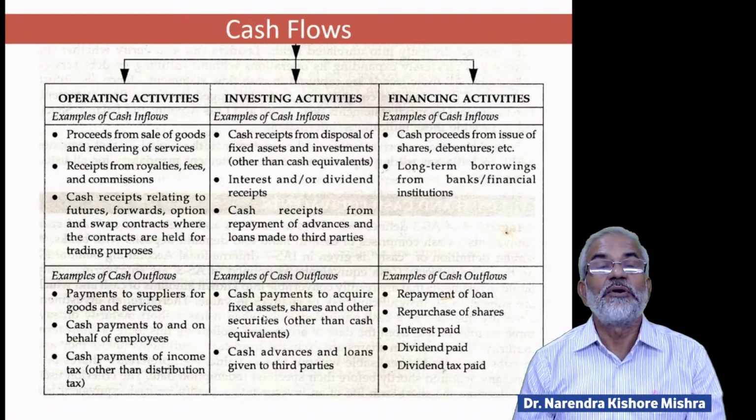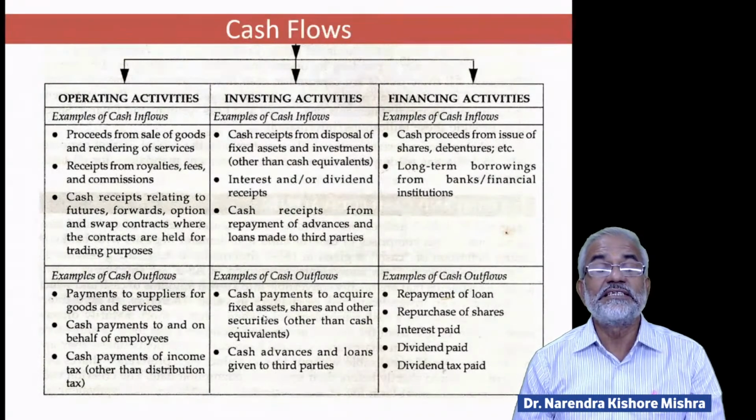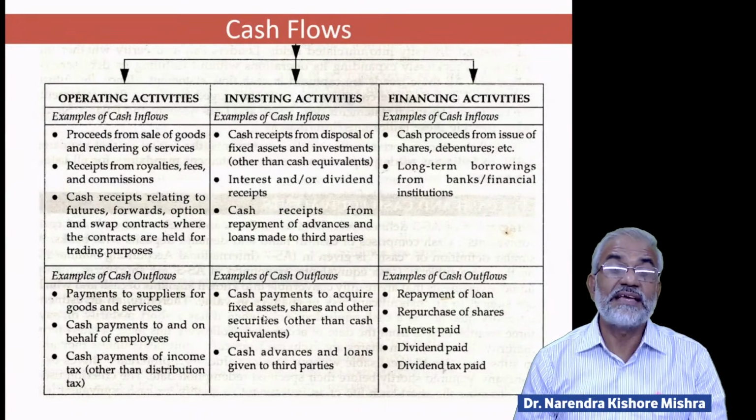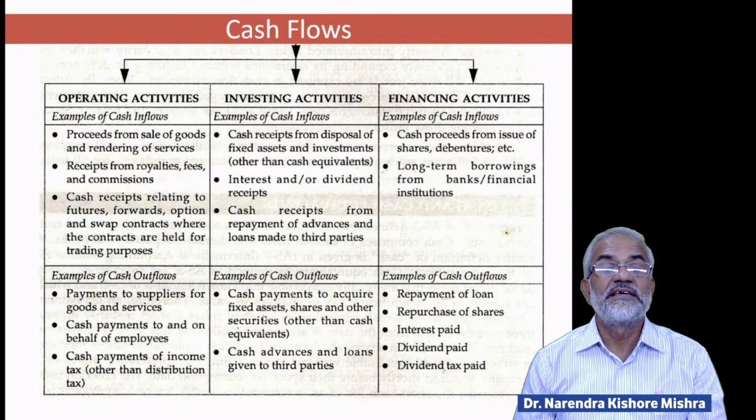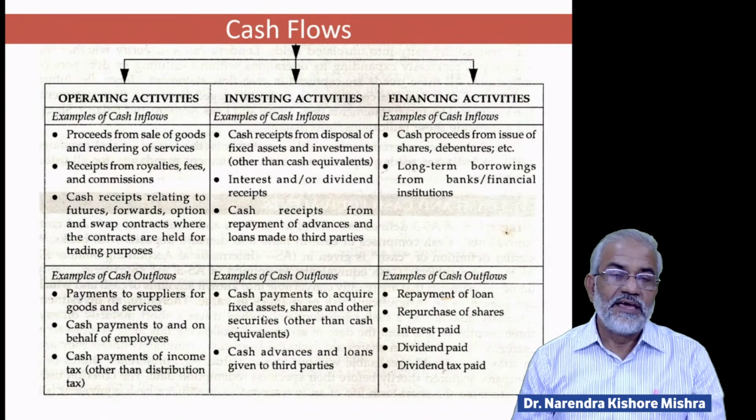These are the operating activities which result in inflow of cash. Similarly, there may be operating activities which result in outflows of cash, and they are payments to suppliers for goods and services, cash payments to and on behalf of the employees, and cash payment of income tax other than distribution tax. All these are outflows of cash from operating activities.